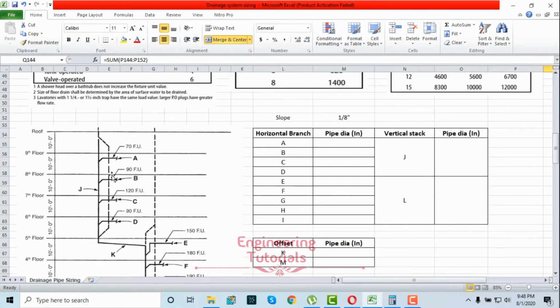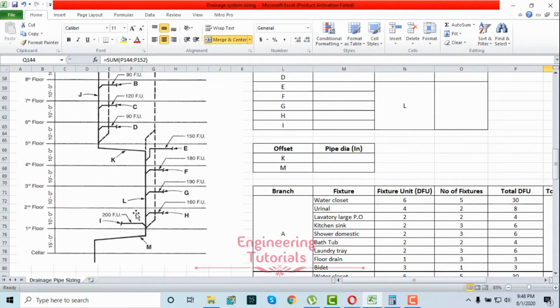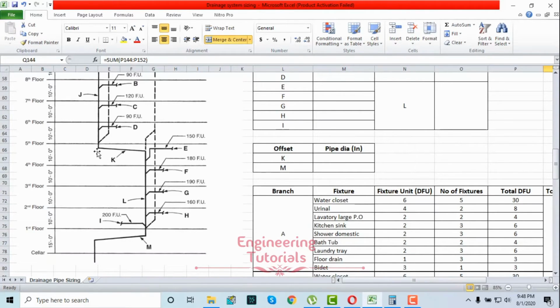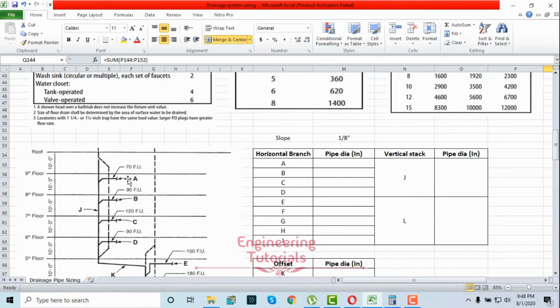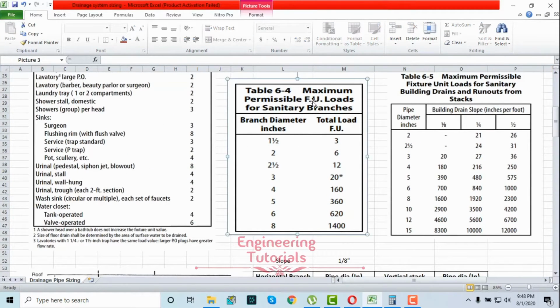First, we are going to calculate the branch pipe size for branches A, B, C, D, E, F, G, H and I. Second, we calculate the stack pipe size represented by J, then the pipe size for the offset runout K, then again the vertical stack pipe L, and then the offset or runout M. First, we calculate the pipe size for branch A. Since we have 70 fixture units connected to branch A, we use table 6-4, which is used for fixture unit loads for sanitary branches.